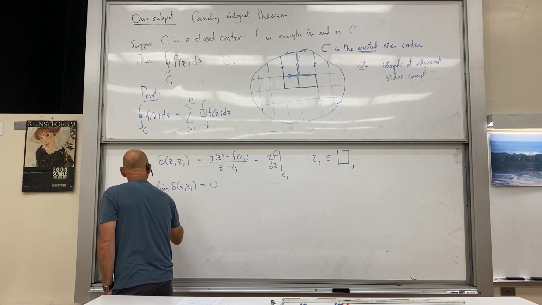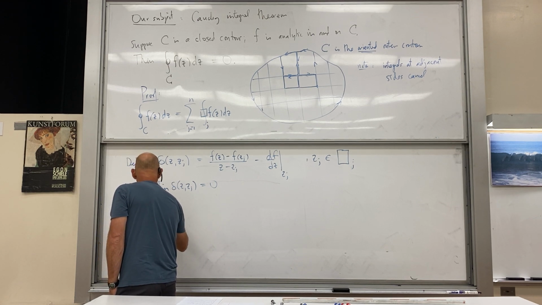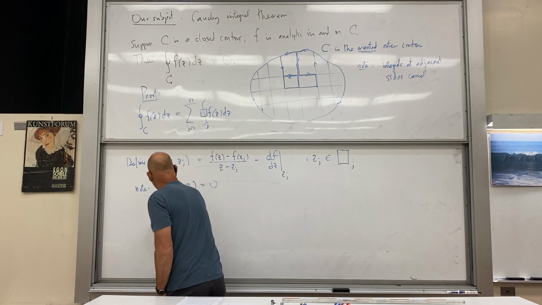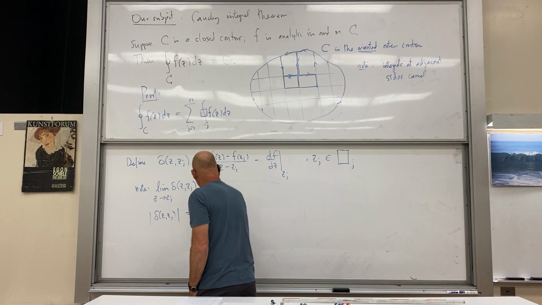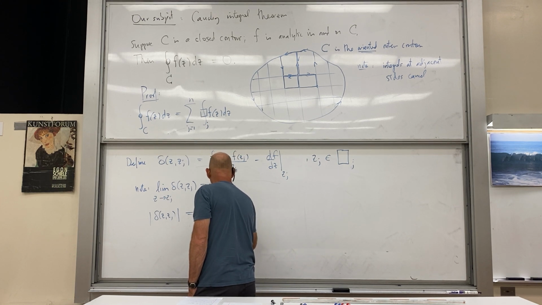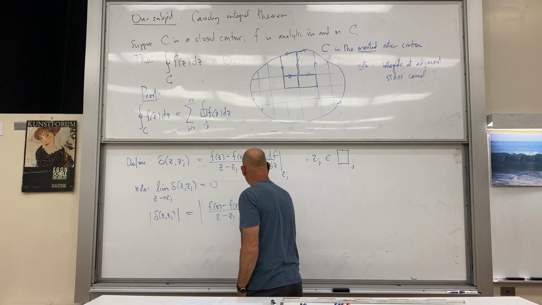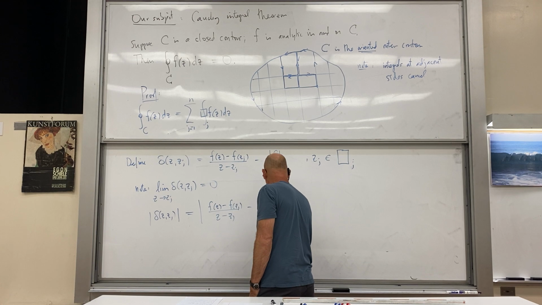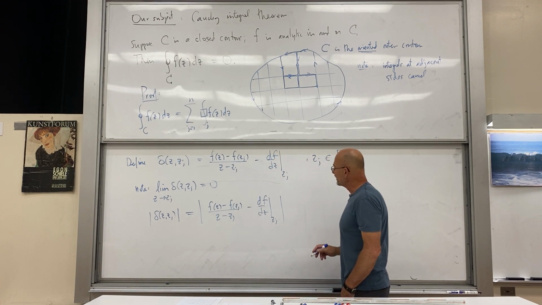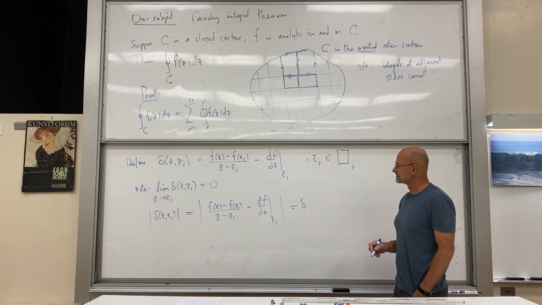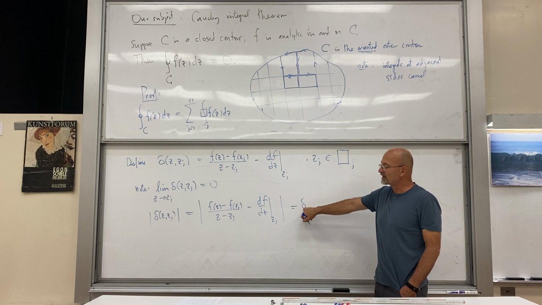The magnitude of delta of z and z sub j is what we're going to look at as well, and that's just defined as this magnitude here, f of z sub j minus df/dz evaluated at z sub j. So this thing we can just say is equal to delta, and this thing can be made arbitrarily small.